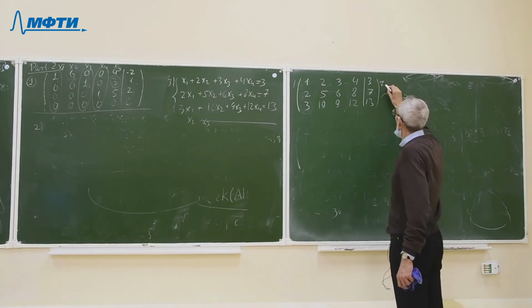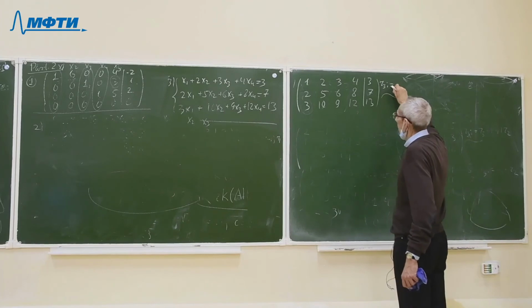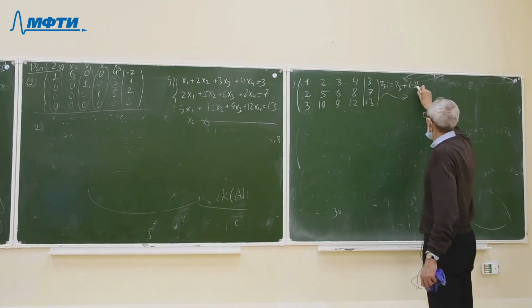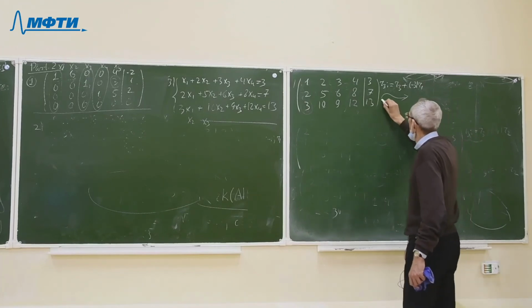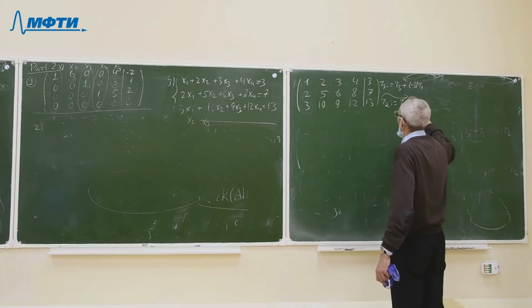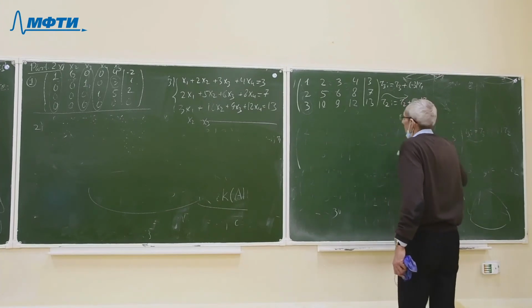Let's put R3 equals R3 plus minus 3 R1, R2 equals R2 plus minus 2 R1.